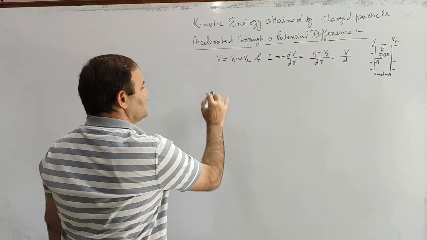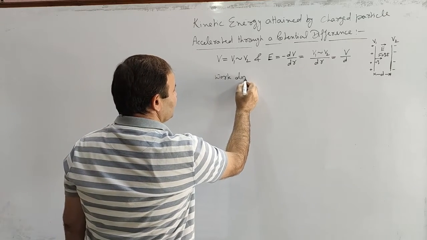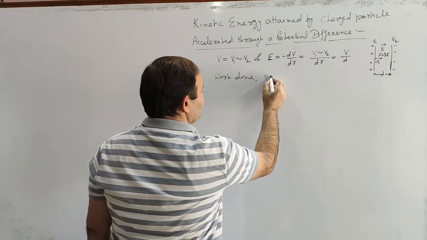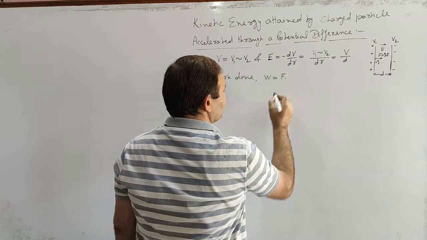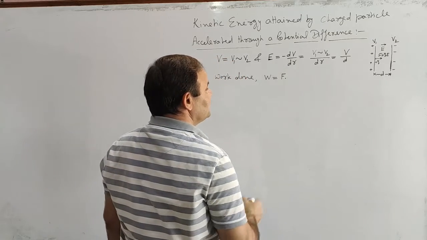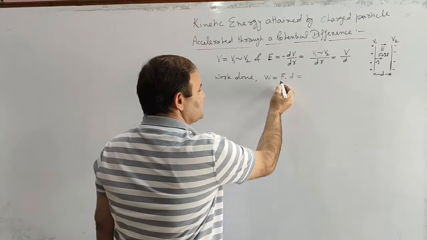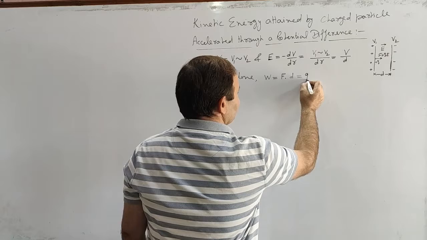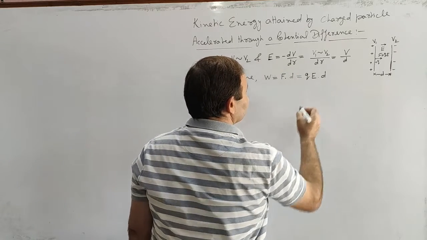So work done by electric field on charge W will be force into displacement. Force is F, displacement is d, so F into d. But what is F? F is QE, so work done will be QE into d.